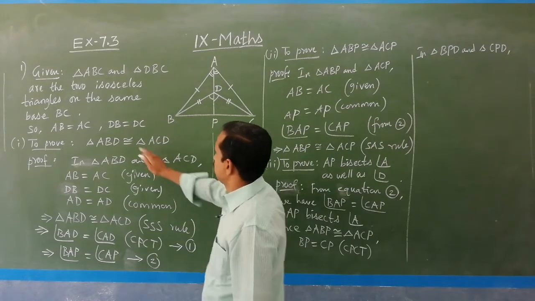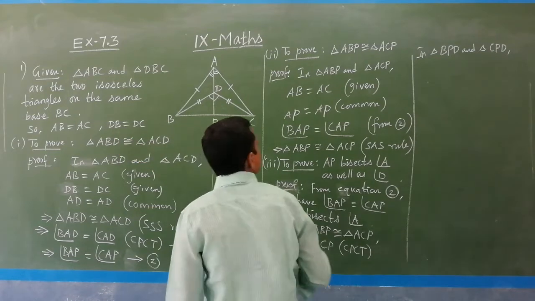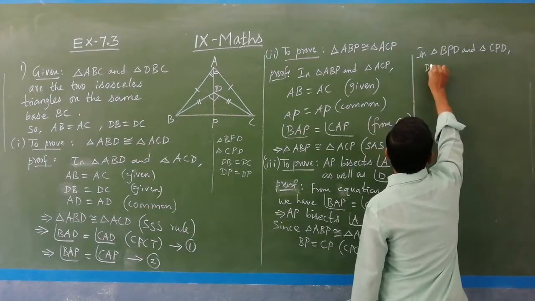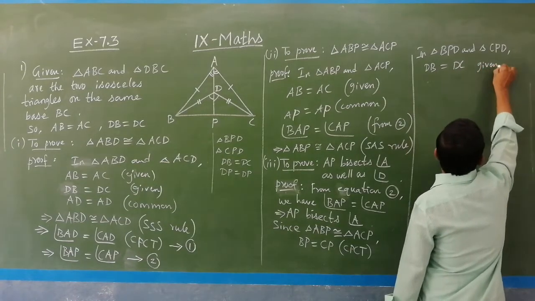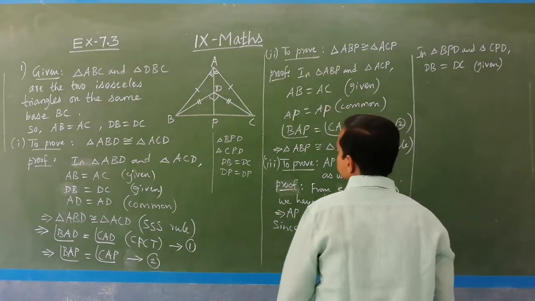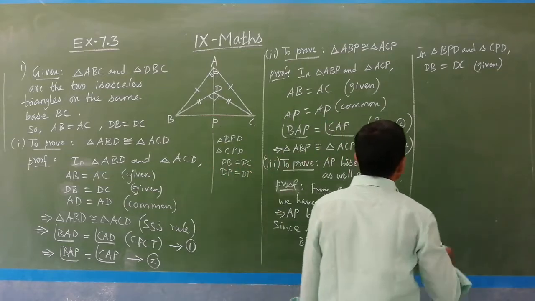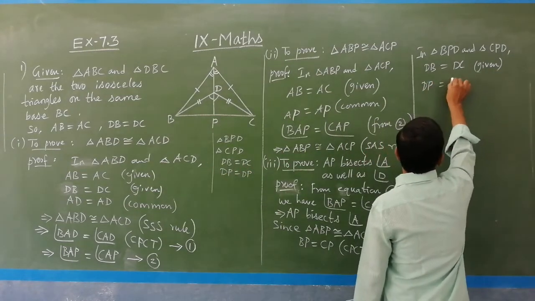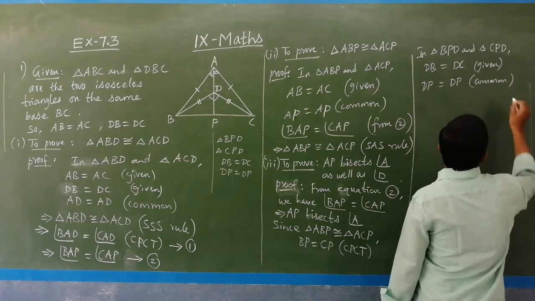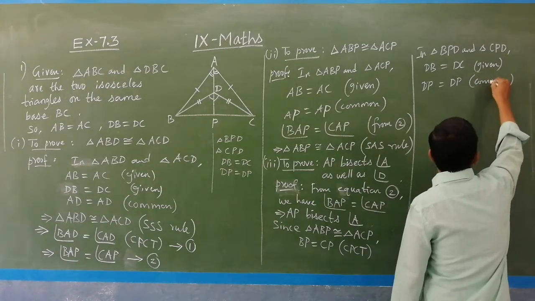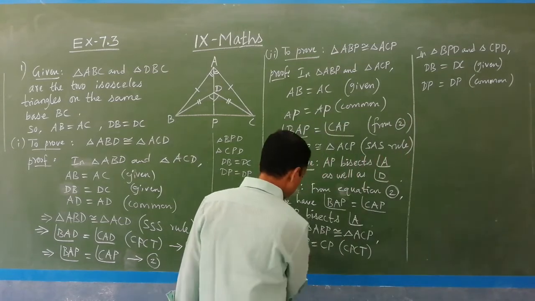Already we said DB equal to DC, it is given, and then DP equal to DP, common side, and then BP equal to CP.